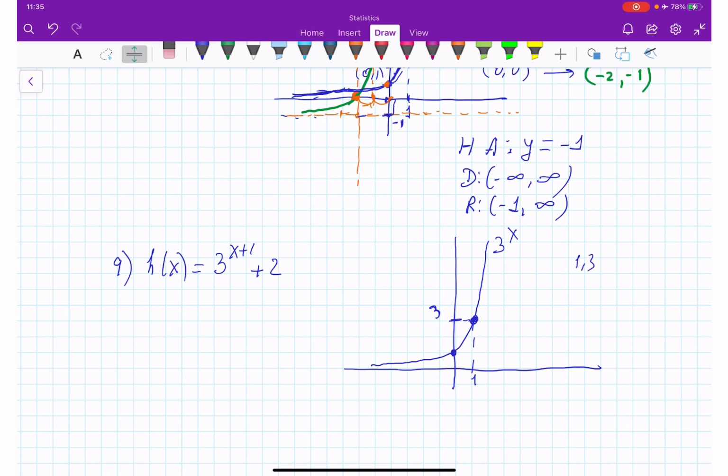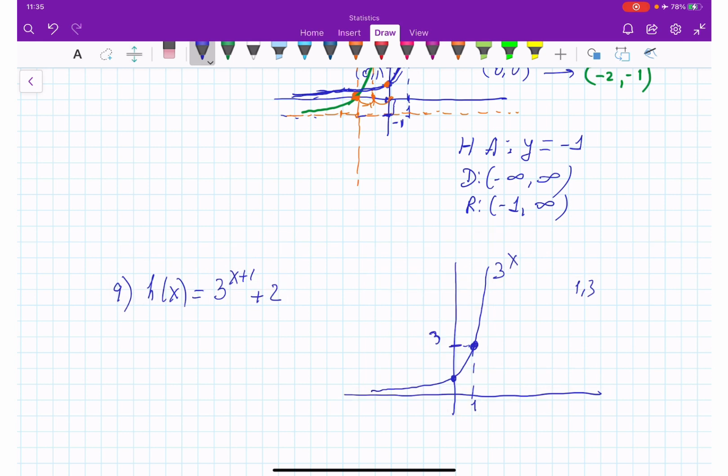Let me see if I can move this down a little bit. Okay. Point 1 and 3. Point 0 and 1. And 0 and 0, because this is also going to shift down, correct? Let me see if I can clean this one.